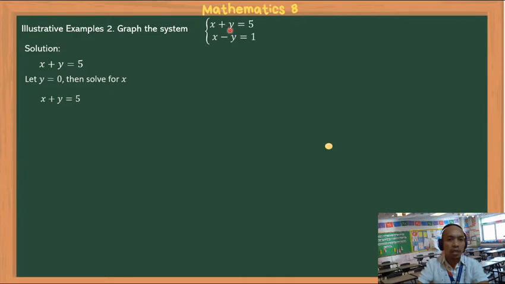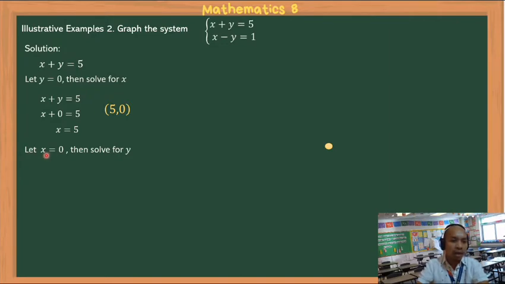First equation, x plus y is equal to 5. So we will now let y is equal to 0. Then solve for x. x plus 0 is equal to 5. If y is 0, the value of x is equal to 5. So our ordered pair now is 5 and 0. Now let's have the y-intercept of this given equation.